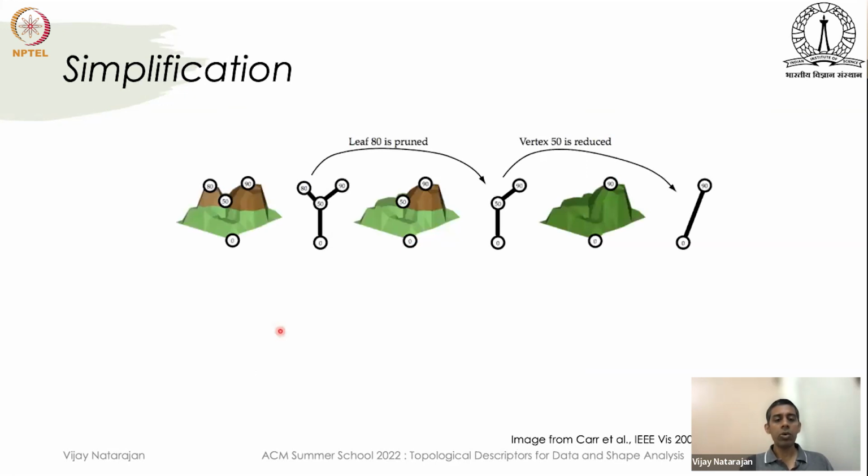Here I have a very simple terrain on the left. The scalar function is just the altitude, and there are two maxima at 80 and 90. The saddle is at 50. You can imagine that the maximum at 80 is really small. It's shown as 80, but let's assume it's at 60 or 55.